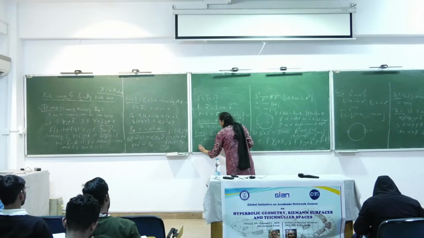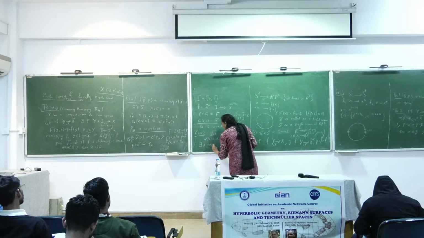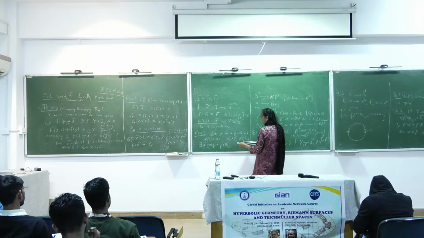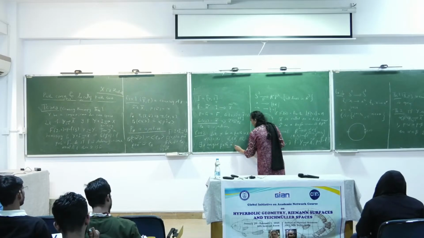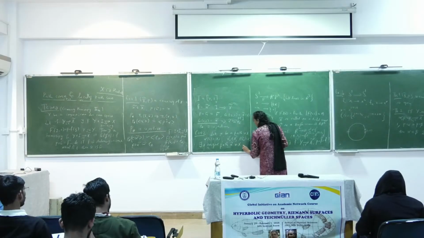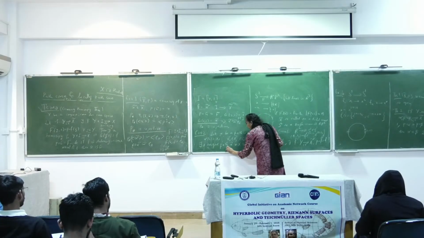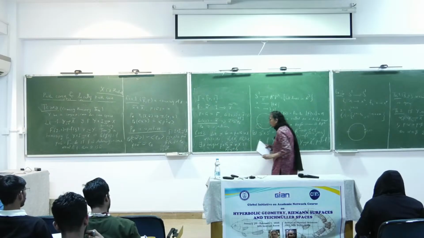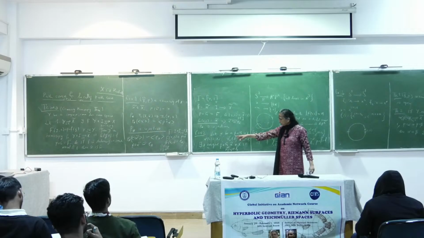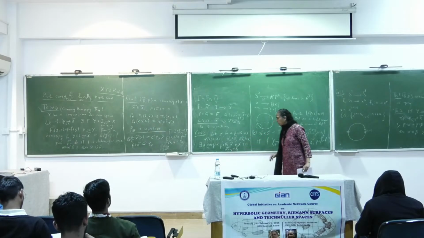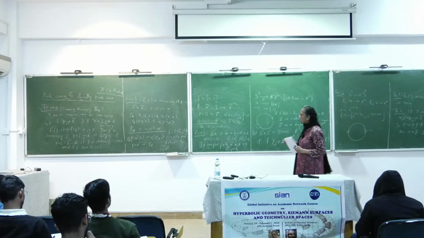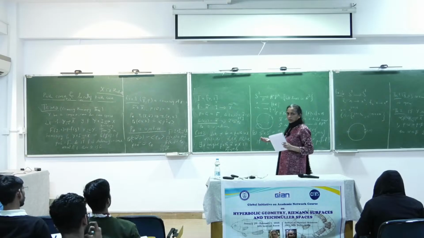Then there exists a unique path alpha tilde in x tilde such that alpha tilde 0 is x tilde 0. So given any inverse image of a point and a path, I can lift the path uniquely at that point. I cannot have two paths starting at one inverse image.